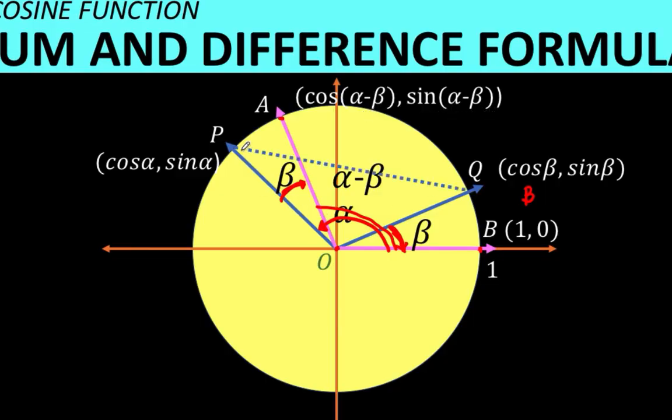Now, let's connect point P to point Q in order to form triangle POQ. And let's connect also point A to point B in order to form triangle AOB. These two triangles are congruent because the pink triangle is just formed by rotating the blue triangle by beta degrees in the clockwise direction.